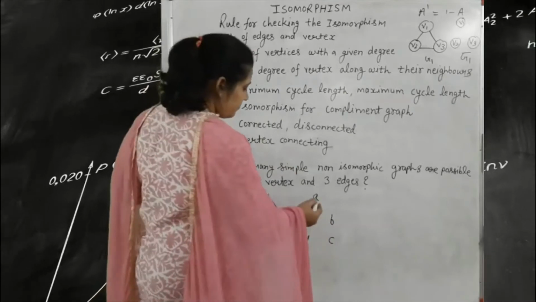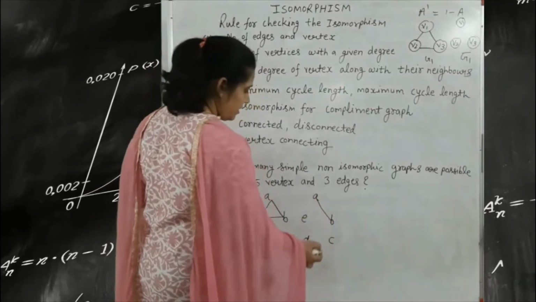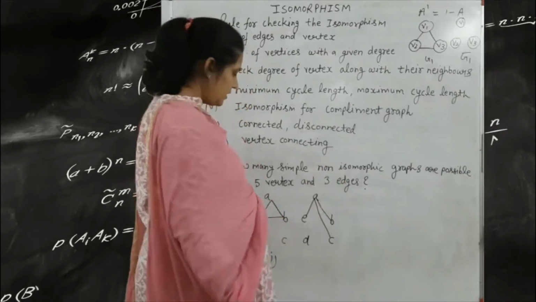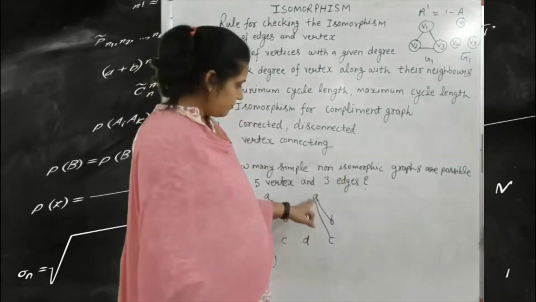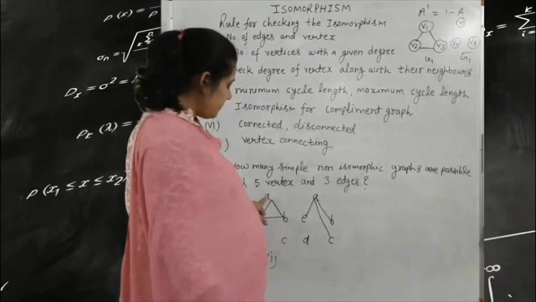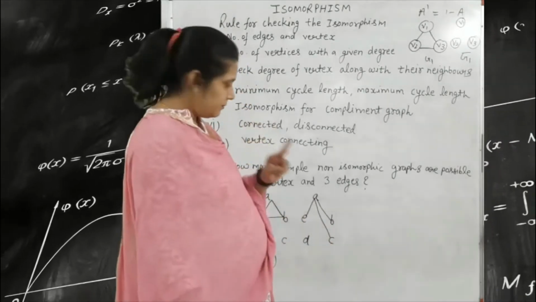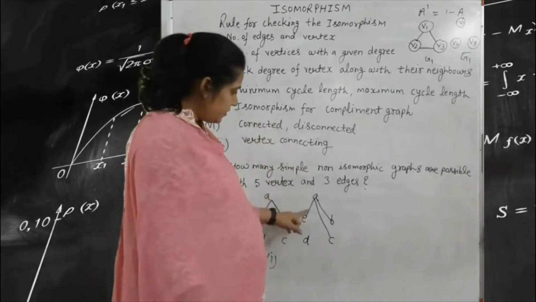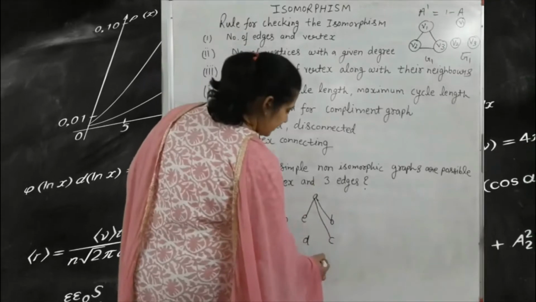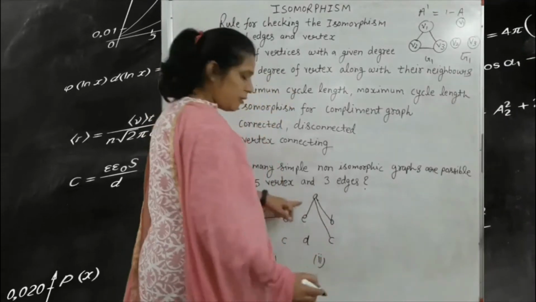Okay, so we find 1, 2 and 3. Okay, so this is the difference for 5 vertices and 3 edges. So here A has degree 2, but in the other graph A has degree 3. Okay, next one, this is the second type. Okay, so the properties are different.